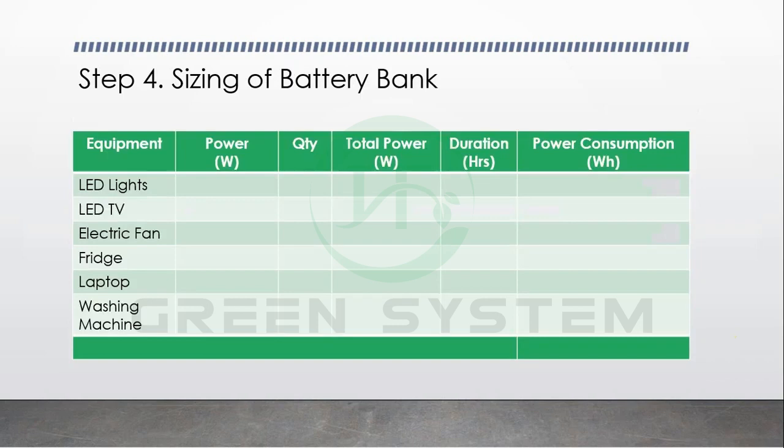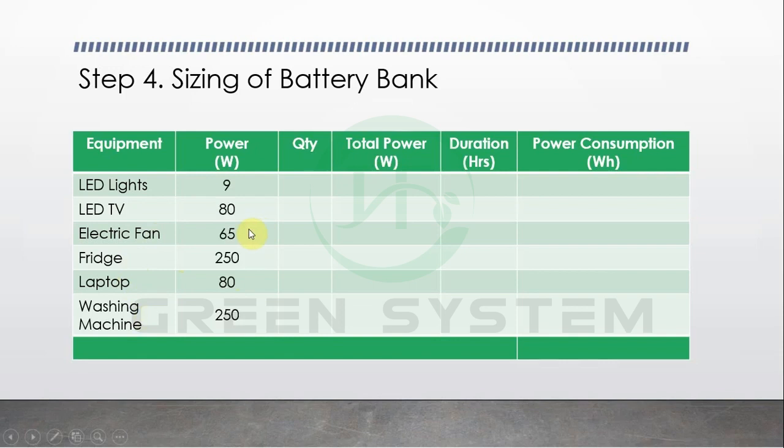Now, step number 4, to size the battery bank. Sizing the battery bank involves load analysis on the appliances you want to run on batteries. So in here you list down all the electrical equipment in your house. For example, suppose we have LED lights, LED TV, electric fan, a fridge, laptop, washing machine.